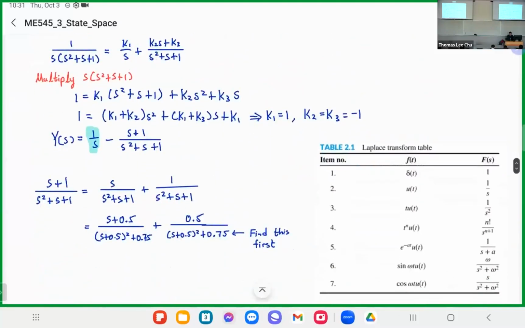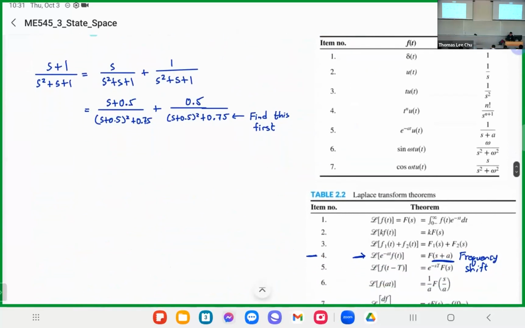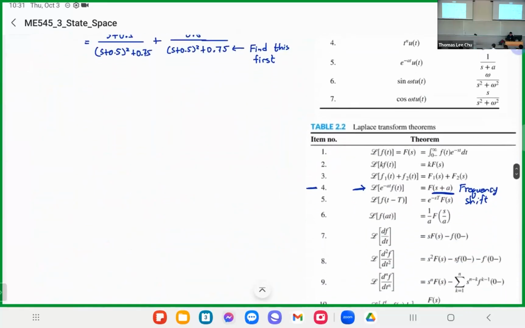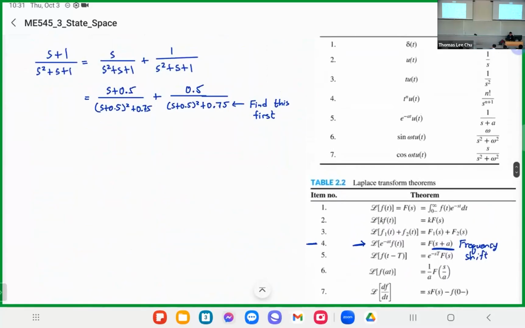Now we're almost at the end of this problem, where we are trying to expand this term here into a form that's recognizable. Basically, to do that, we need to combine property 4 and plug it into property 6 or property 7, I mean.